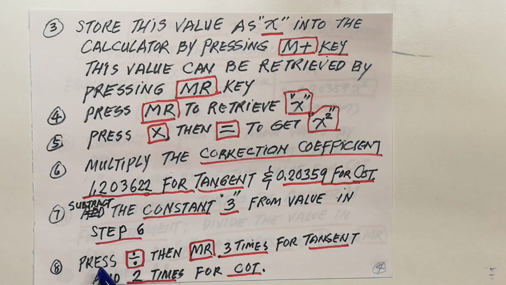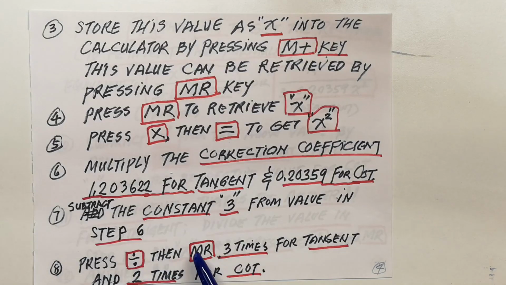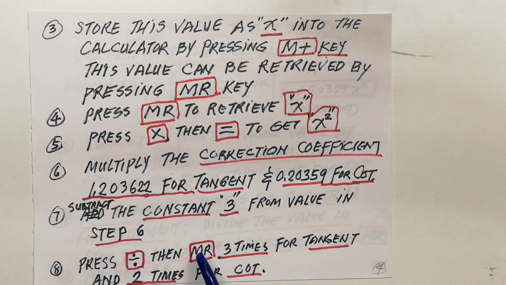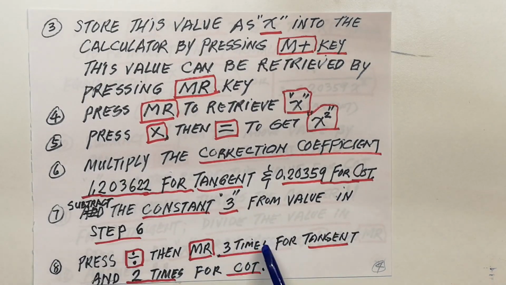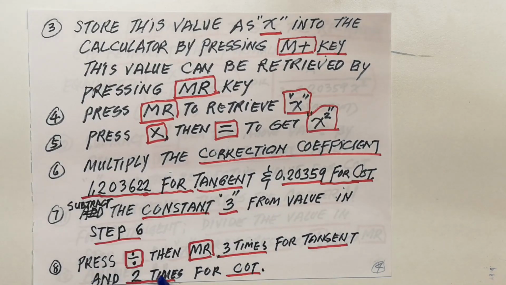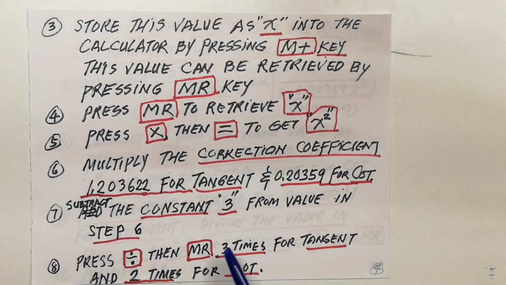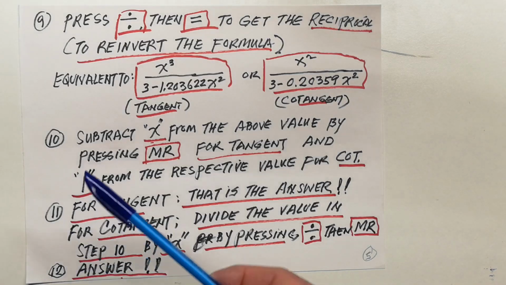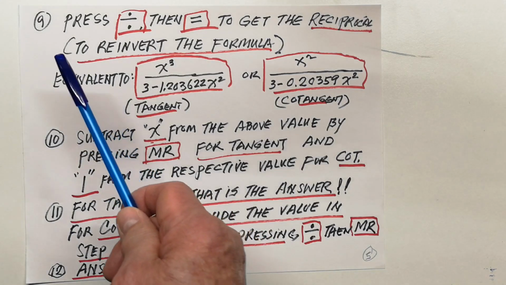Then the next step is press divide, and then memory recall 3 times for the tangent formula and 2 times for the cotangent formula. The reason is to get the x cubed and the x squared. But by doing so, you're only getting the reciprocal of it.